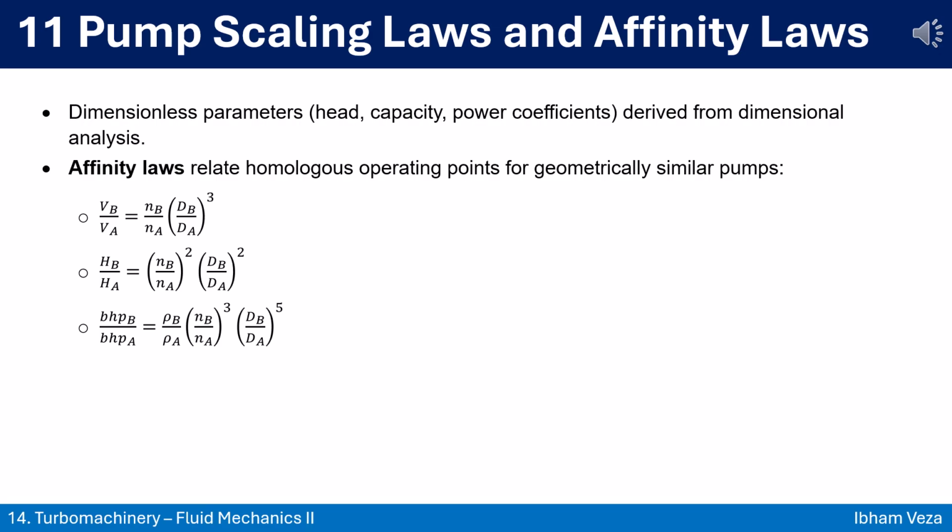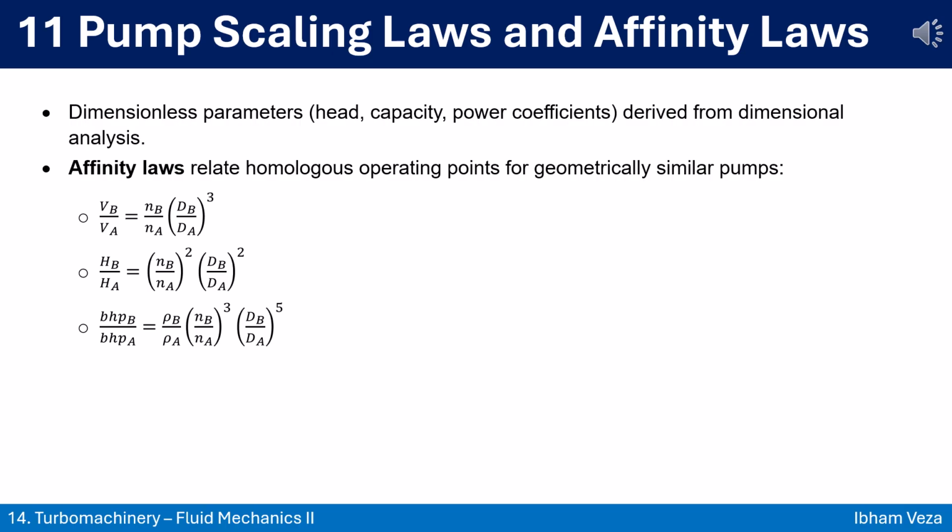11. Pump scaling laws and affinity laws. Scaling a pump system doesn't just mean making it bigger or smaller. It means maintaining performance consistency while changing size, speed, or operating conditions. That's where pump scaling laws and affinity laws come in. These principles are rooted in dimensional analysis and allow engineers to predict how one pump will behave based on data from another geometrically similar pump.